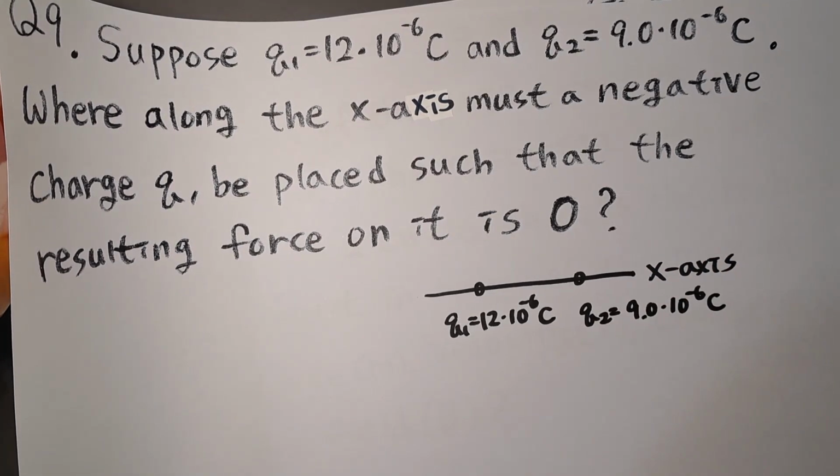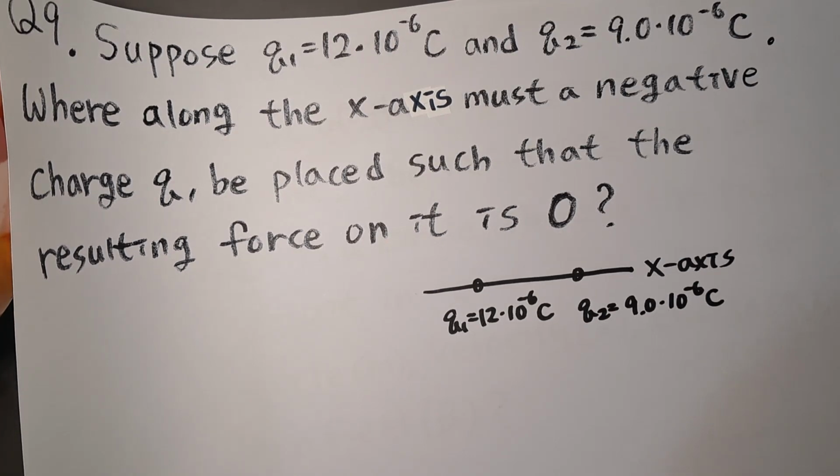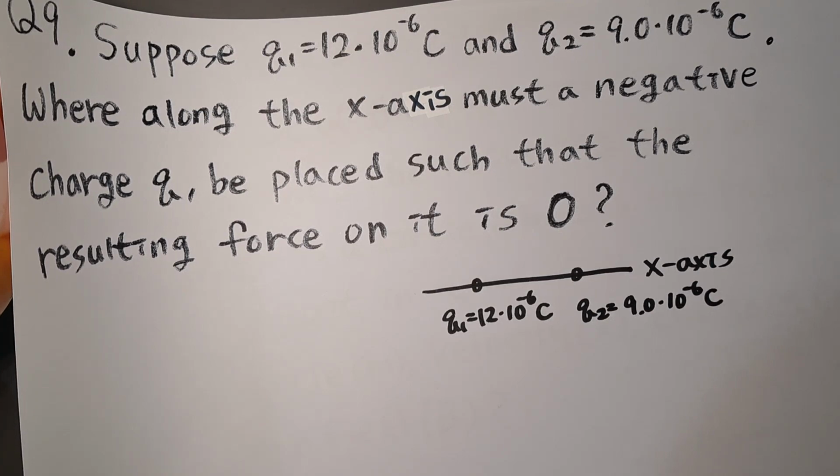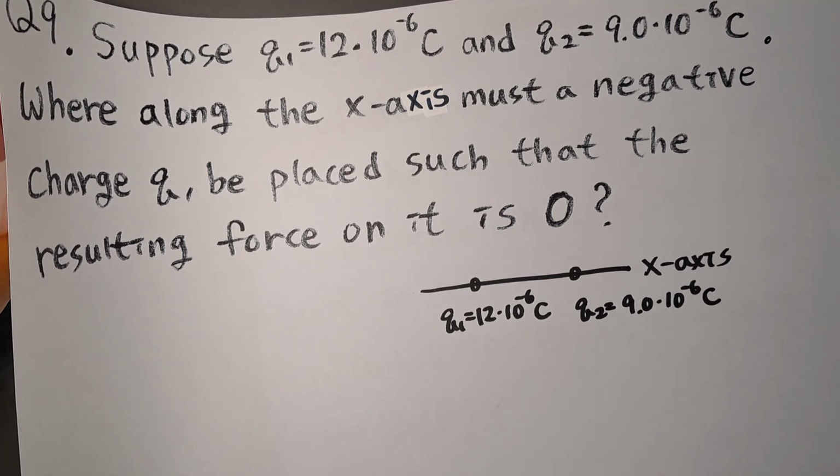Because the resulting force on it is 0, the force exerted on Q3 by Q1 must equal the force exerted on Q3 by Q2 for the forces to cancel.